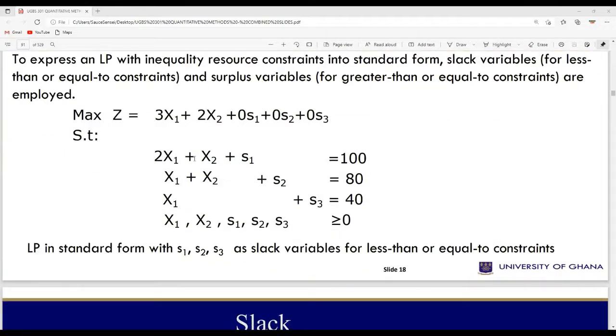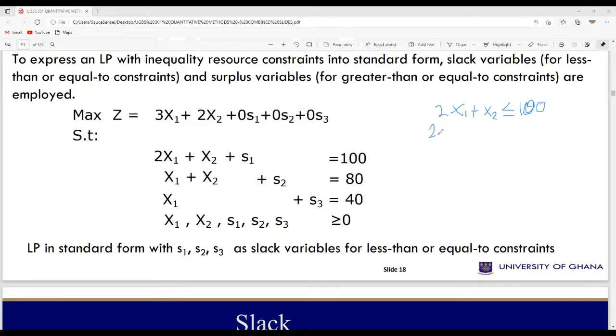So you see this one, from our formulation we got 2x1 plus x2 less than or equal to 100, right? But the standard form says we should make everything equal. So we must introduce our slack, the unused one.